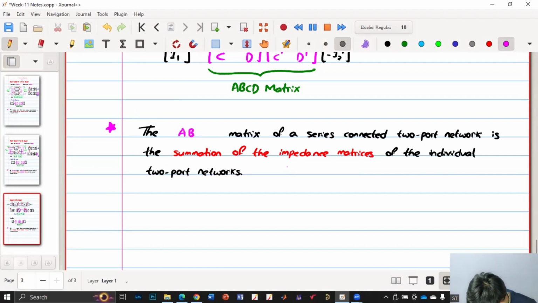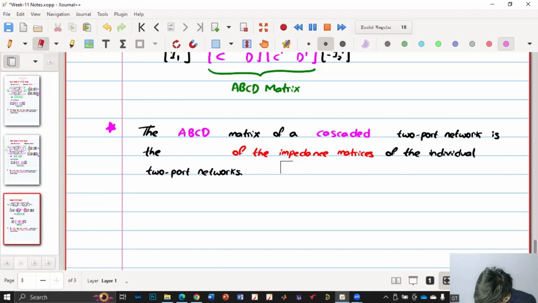So the ABCD matrix of cascaded two-port network is not summation but product of the ABCD matrices of the individual two-port network.